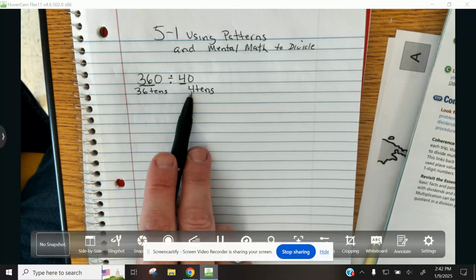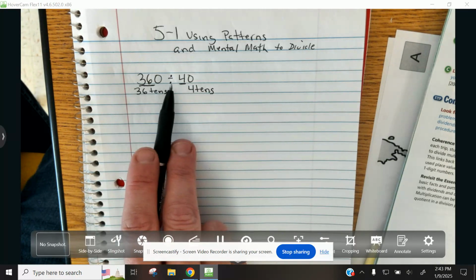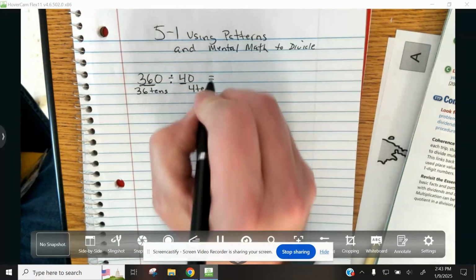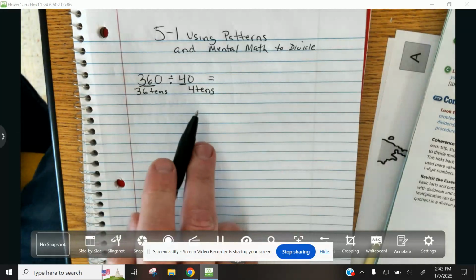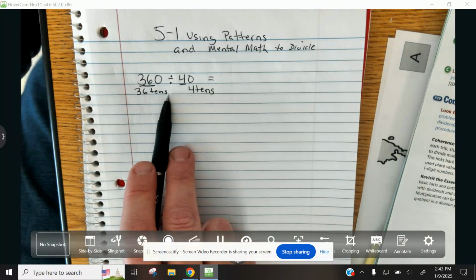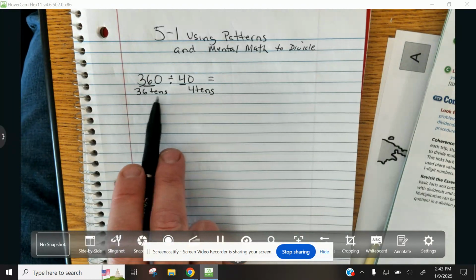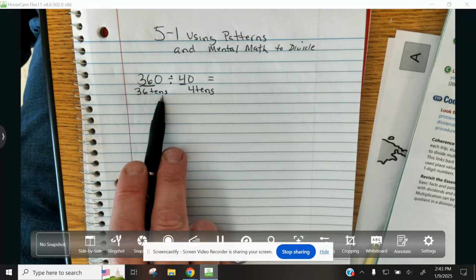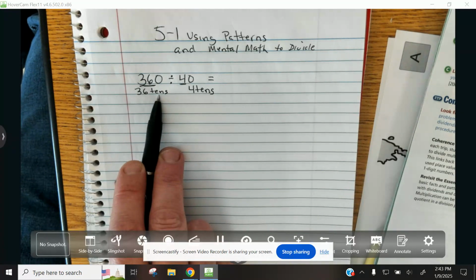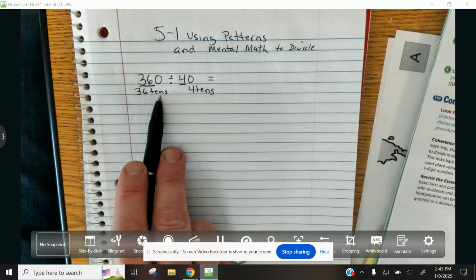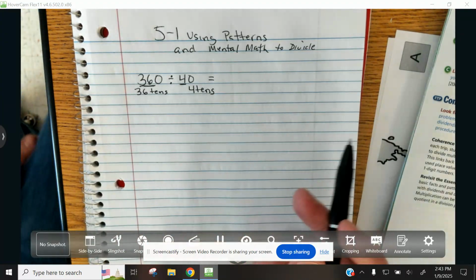We have 36 and 4, and I bet you can think of a basic fact for what 36 divided by 4 is. What we cannot do is remove the word ten. Basically, instead of putting the 0, we put a ten there. So we have 36 tens divided by 4 tens.